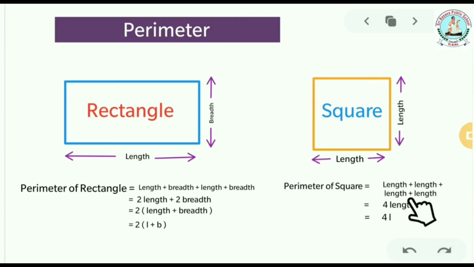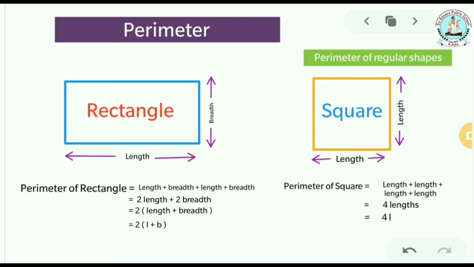Instead of writing 4 lengths, we write it in short as 4L, where 4 is the number of sides that a square has, and L shows the length of one side. So if the length of one side is given, you can easily find the perimeter of the square.